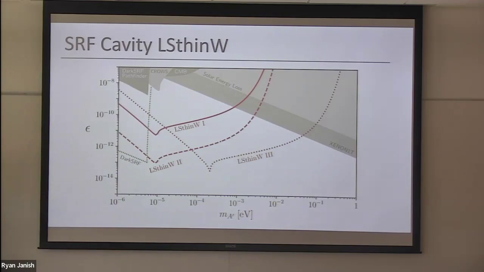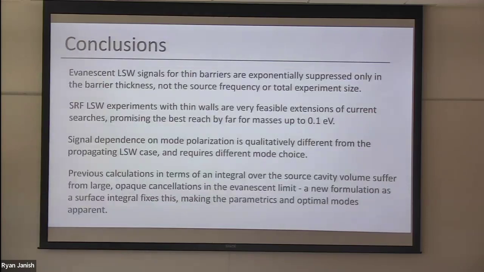Okay, so let me wrap up. Let me just say briefly, the idea here is that the mass reach in a light shining through walls experiment is fundamentally given by the barrier thickness. And so we can take advantage of that by using very thin, electrically solid barriers.